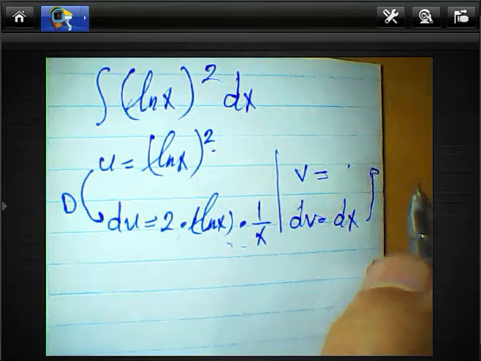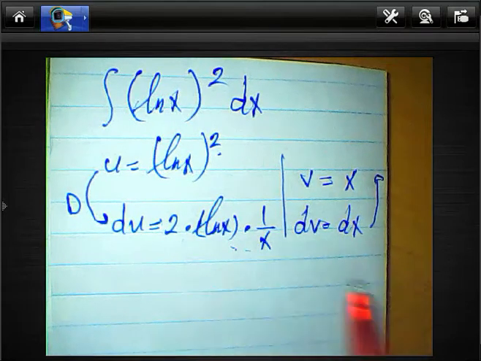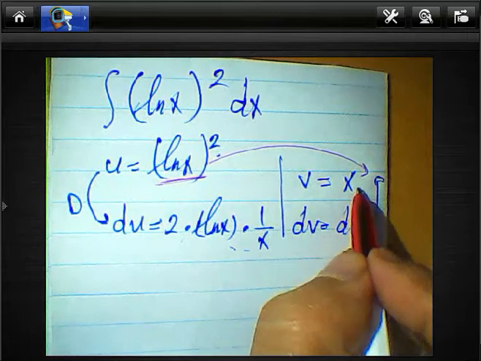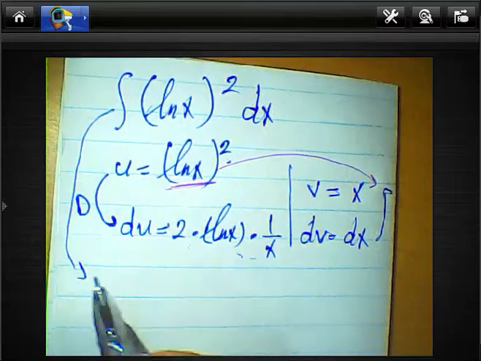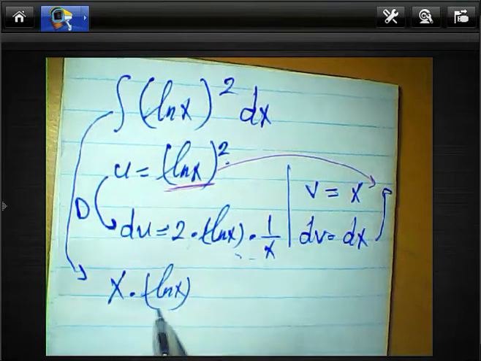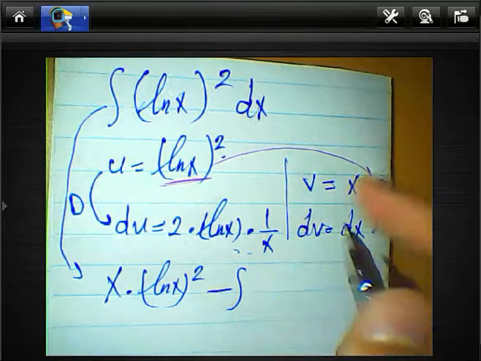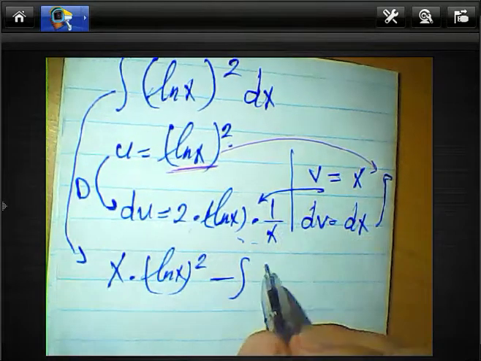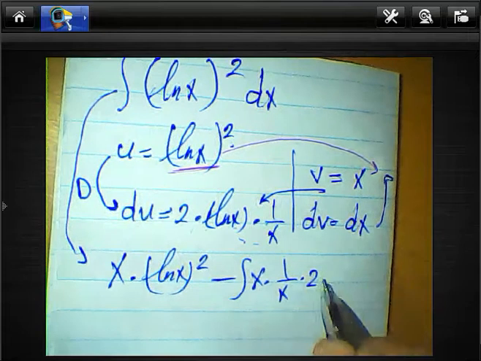Dx equal integration of dx equal x, and we use the result multiply by ln x to power 2 multiply by x. The result of this example we can write here: x multiply ln of x all power 2 subtract integration of x multiply 1 over x multiply 2 multiply ln of x.